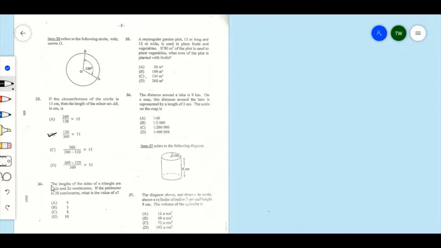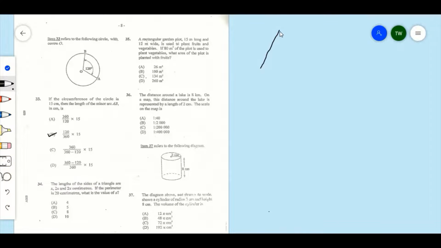Now for 34, the lengths of the sides of a triangle are x, 2x, and 2x centimeters. If the perimeter is 20 centimeters, what is the value of x? So we know we have a triangle. I'm going to make a rough sketch over here.